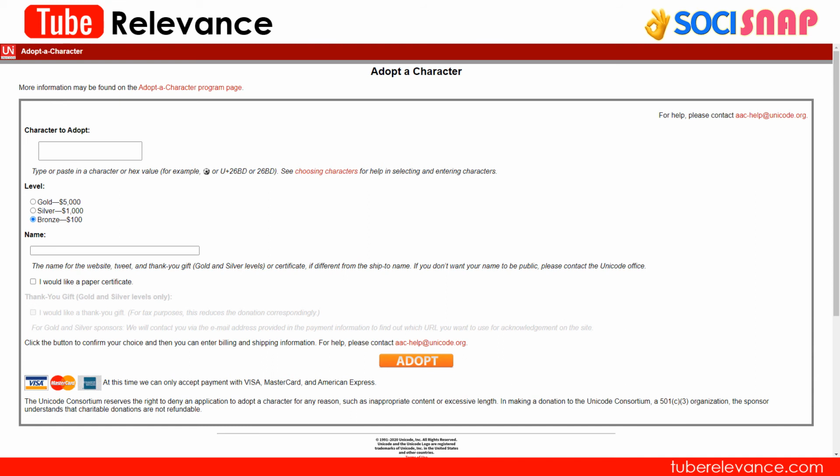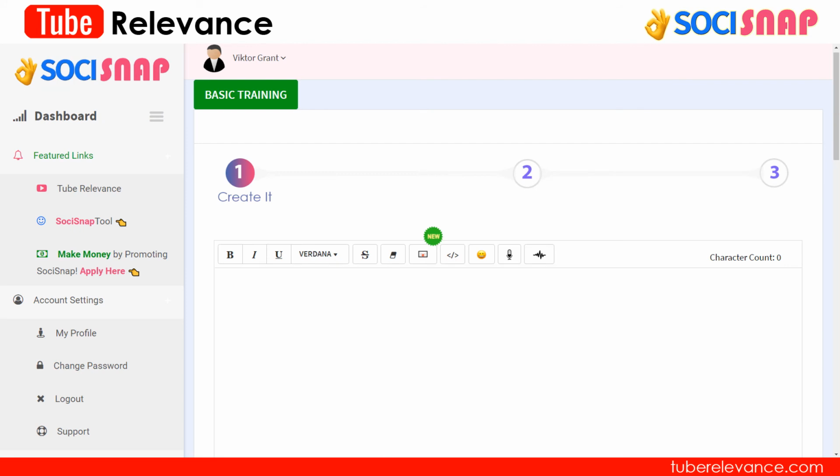So, in conclusion, where are we and where are we going? Well, where we're ultimately going is toward SociSNAP Pro. SociSNAP Pro is for professionals, and we want to build a community of professionals that work with us.